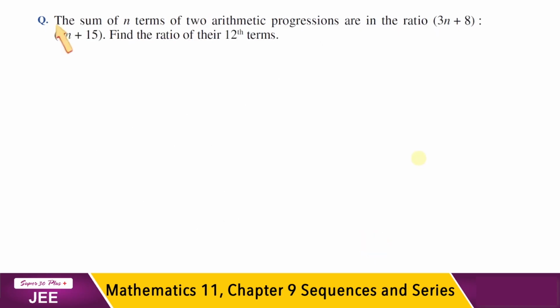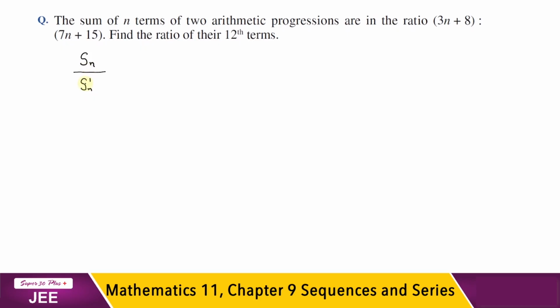Next question is based on the sum of n terms of an arithmetic progression. Alright, and this is a beautiful question. Let's see. The sum of first n terms of two arithmetic progressions are in the ratio 3n plus 8 to 7n plus 15. So let us consider that I have a sequence whose sum of n terms is denoted by Sn, and a second sequence whose sum of n terms is denoted by Sn dash.